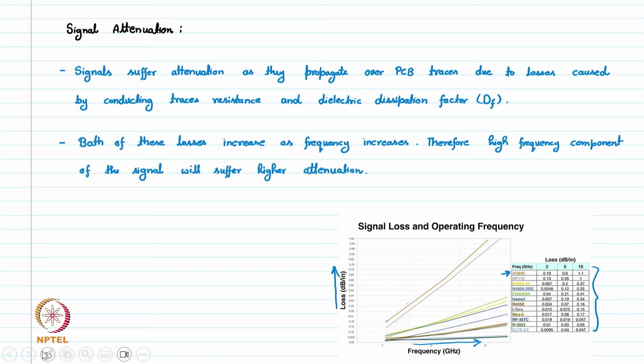So we need to choose the right type of PCB material for high speed designs.